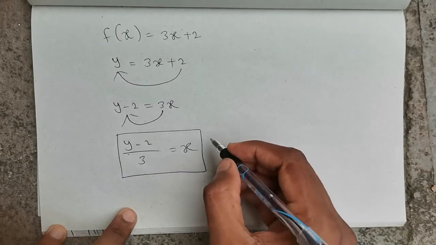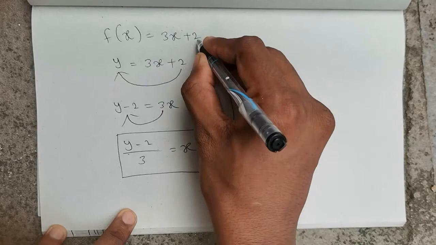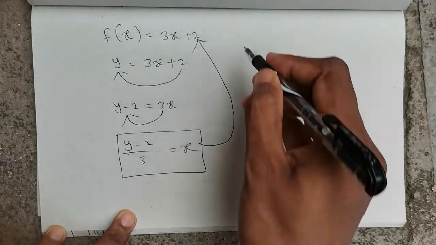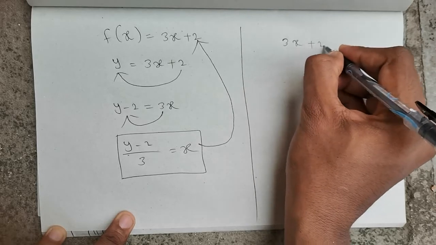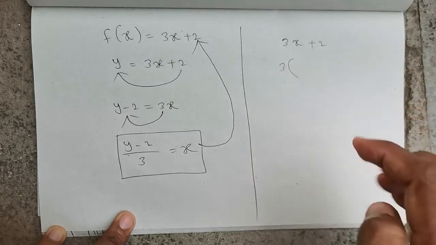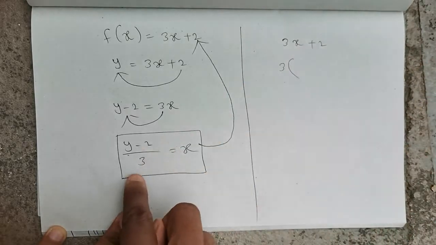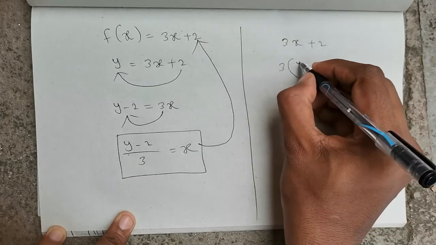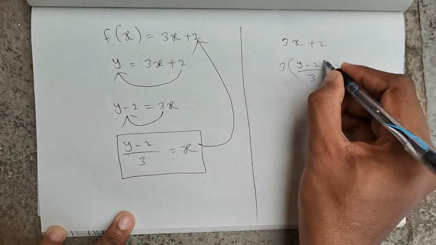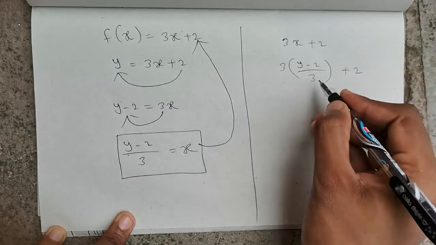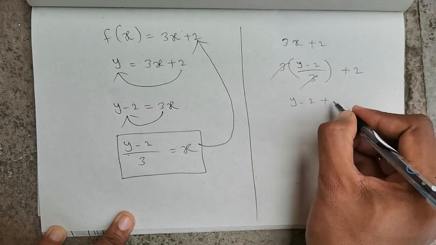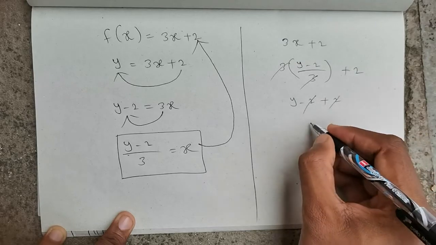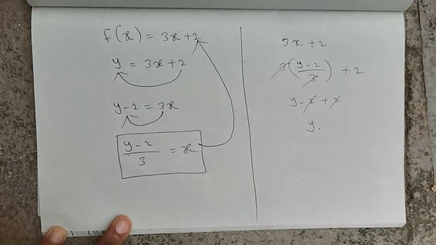Now this x value we need to substitute in the given question. The given question is 3x plus 2. So 3 into, in the place of x, substitute this total. That is y minus 2 divided by 3 plus 2. 3 cancel. So we remains with y minus 2 plus 2. Minus 2 plus 2 cancel. We remains with y.